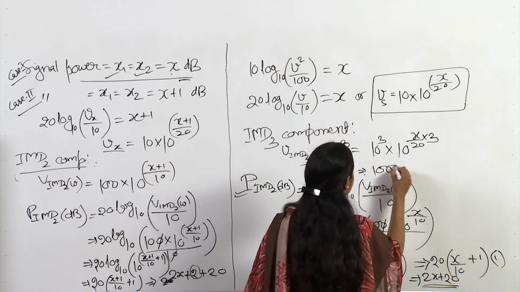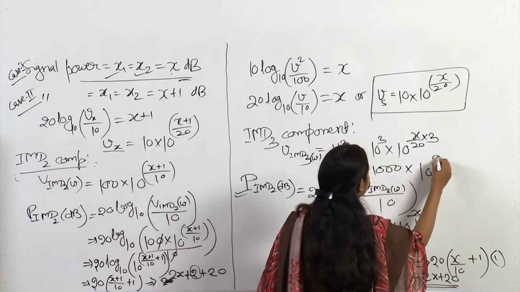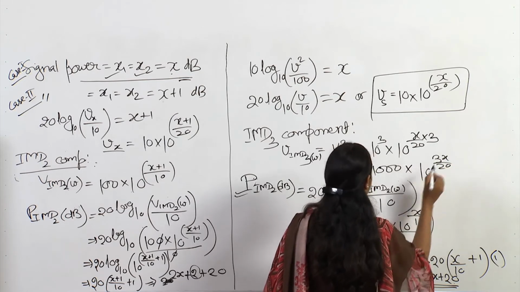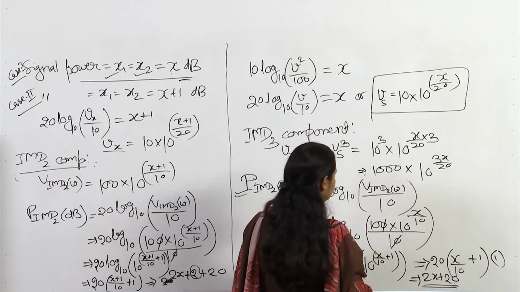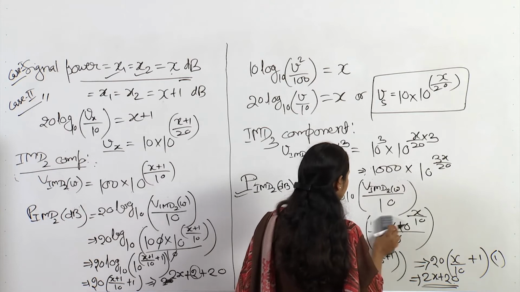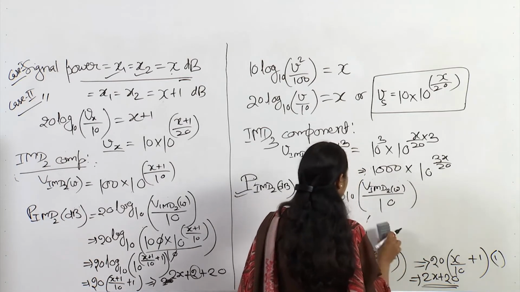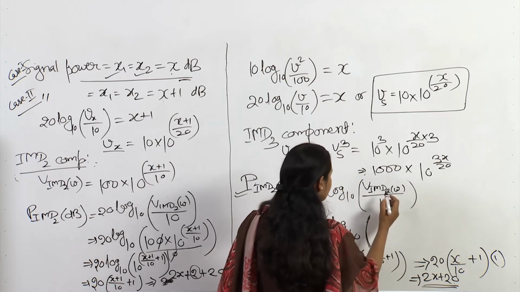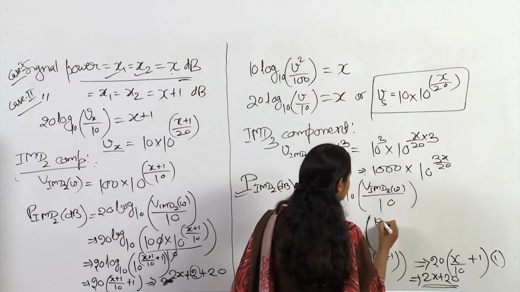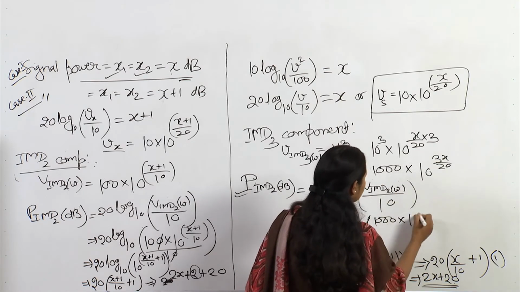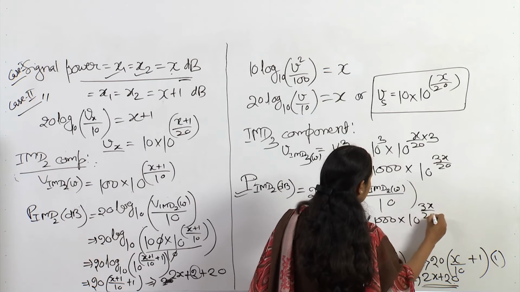So, it will be 1000 into 10 to the power 3x upon 20, and again the calculation here will have the same factor. It will be 1000 into 10 to the power 3x upon 20 divided by 10.